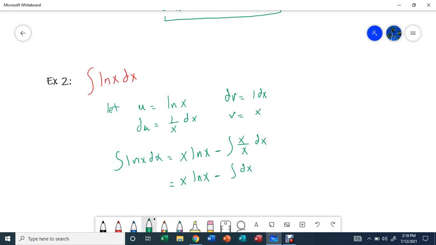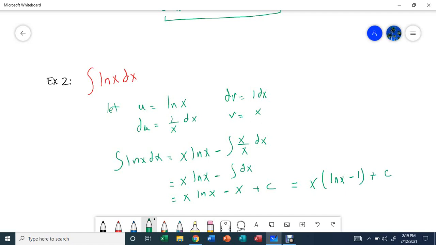So x over x is just 1, so x ln of x minus, the antiderivative of 1 is x, plus a constant. And you can, if you want, factor out x, and you get x times ln of x minus 1 plus a constant. And that's my answer to that problem.